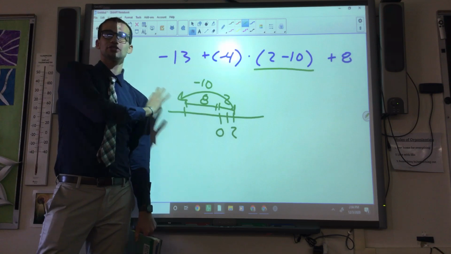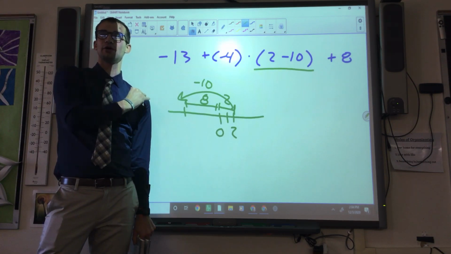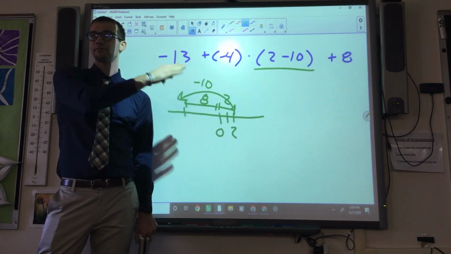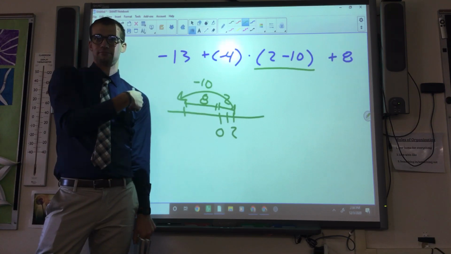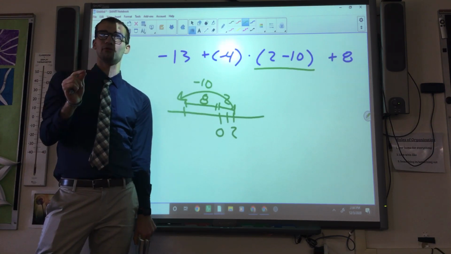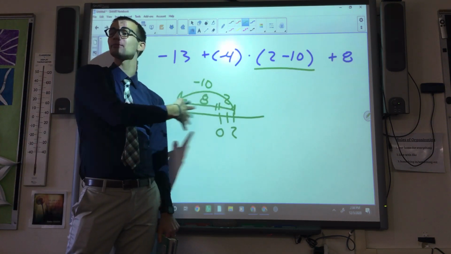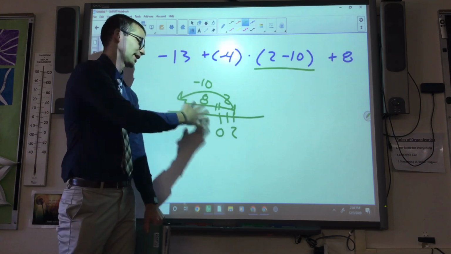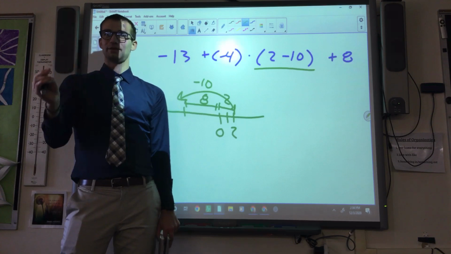I'm just letting you know right now, if this section does not go well, and if you are just gonna go through these and not really think about them, not think about things in terms of number line, you're gonna be doing this over again. So either you can be extra careful, or you can go back and suffer the wrath of me talking about number lines over and over and over again, because I am more than willing to pull it up as many times as I need to for you guys to make sure you understand it.